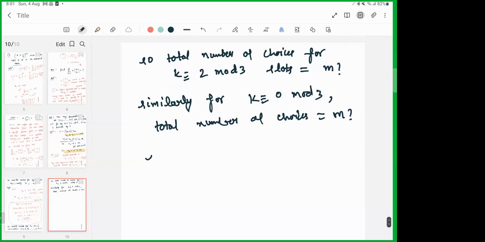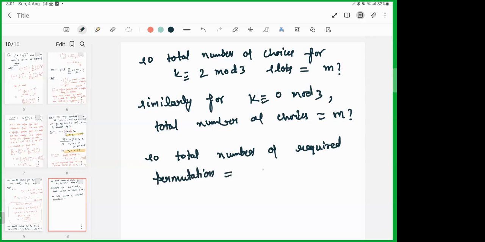So the total number of required permutations is m factorial times m factorial times m factorial, that is, m factorial cubed.